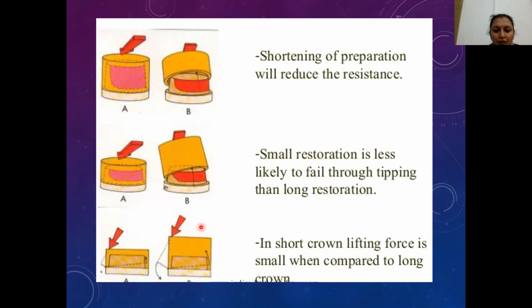In a short crown, the lifting force is small when compared to a long crown. As you can see, the arc of rotation in a short preparation is very low. In a similar height crown with a longer restoration, the arc of rotation is longer. So it is more likely to fail.